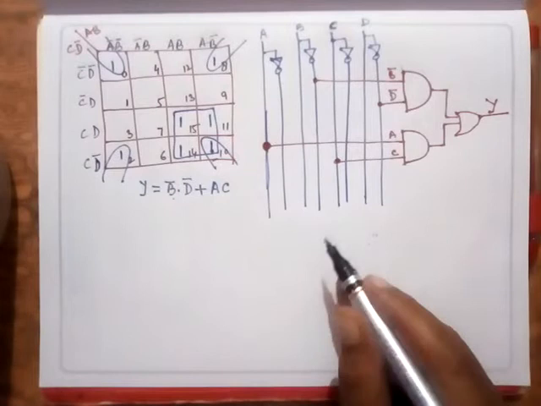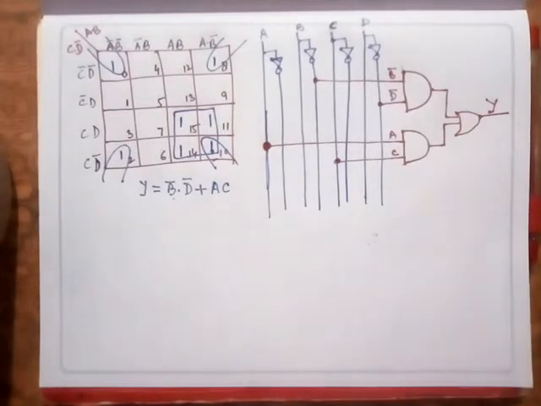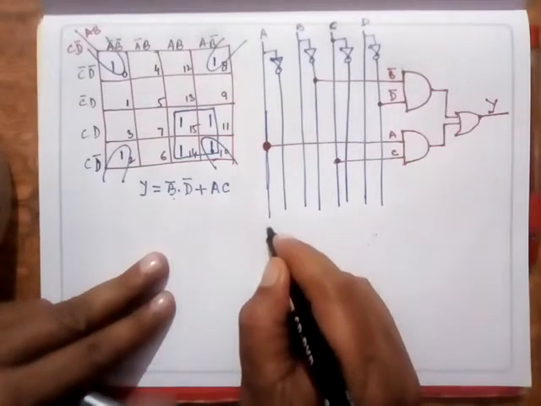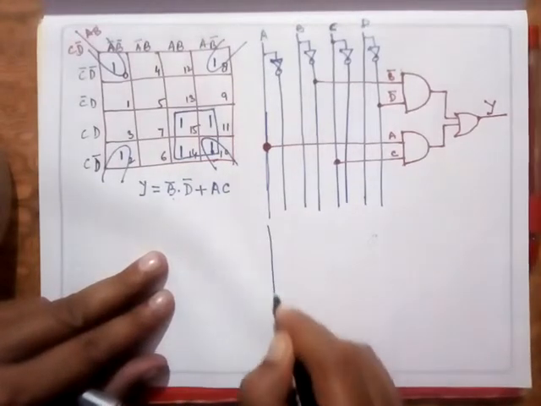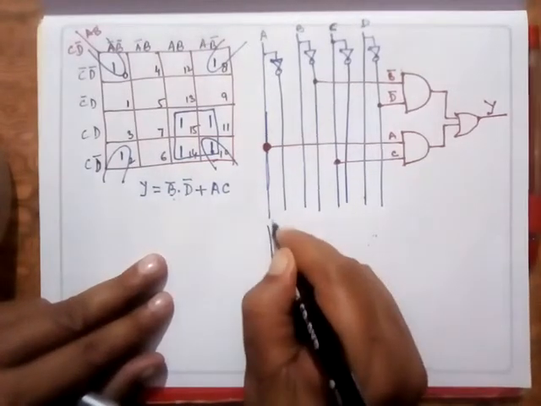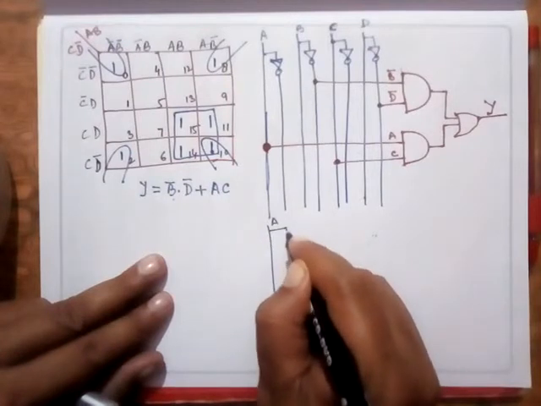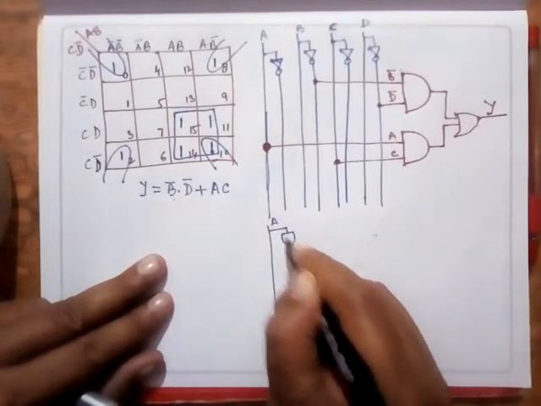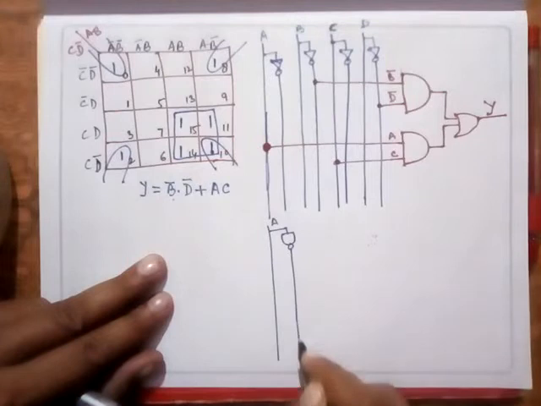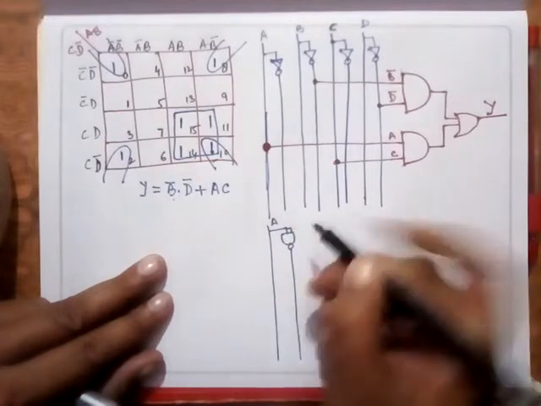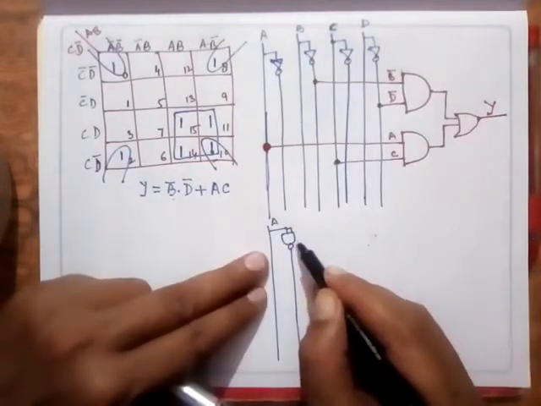So in order to reduce this by NAND gate, again I take 4 lines for 4 inputs. So I started from here. Say this is A. And of course, in spite of NOT gate, I'll use a NAND gate here. In spite of this NOT gate, I am using a NAND gate.